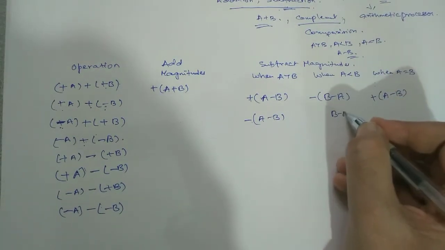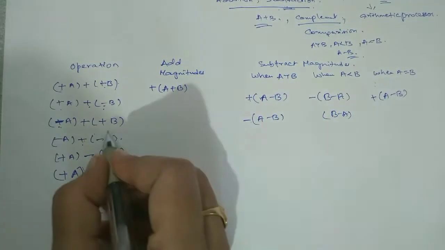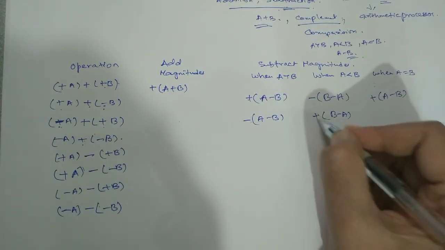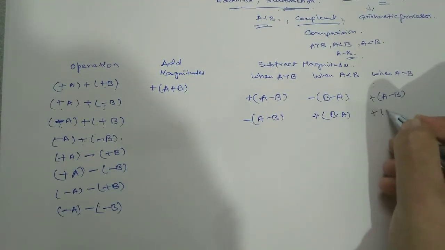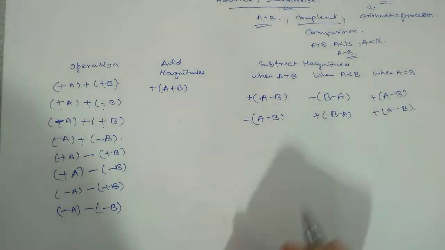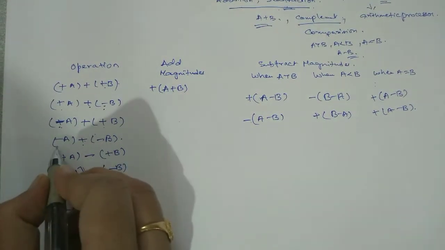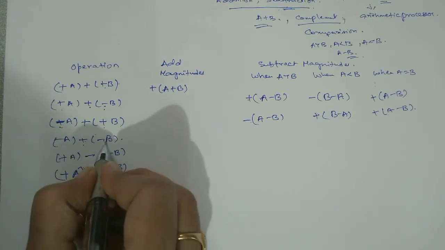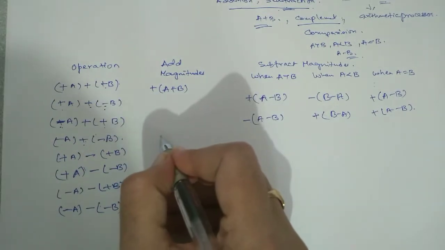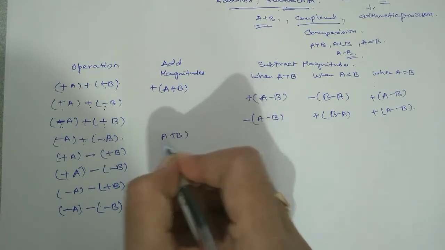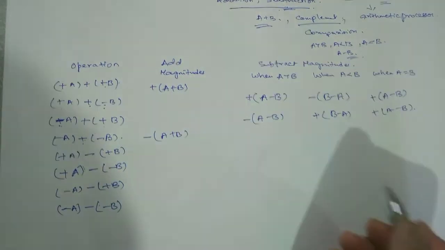Here B minus A, the sign of B is plus, so plus, and for equal, plus A minus B. And the next one is minus A minus B. So we are going to perform A plus B, and the sign is minus.